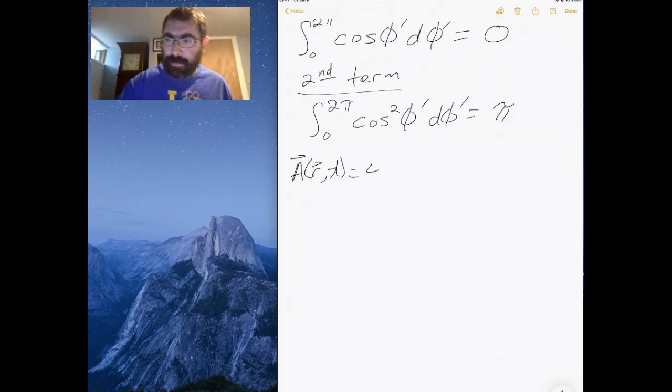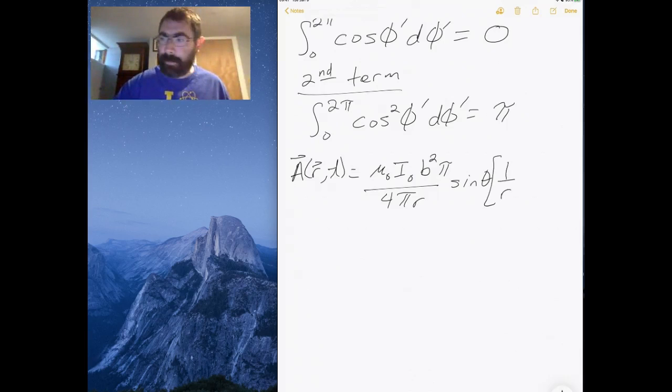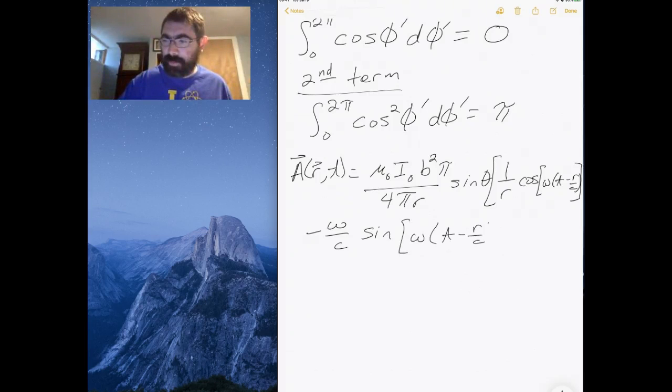A is then mu 0 I 0 b squared pi over 4 pi r, sine of theta times 1 over r times the cosine of the time stuff minus omega over c times the sine of the time stuff, and then close the brackets one more time, all of that in the y direction. So I can simplify things a little bit.